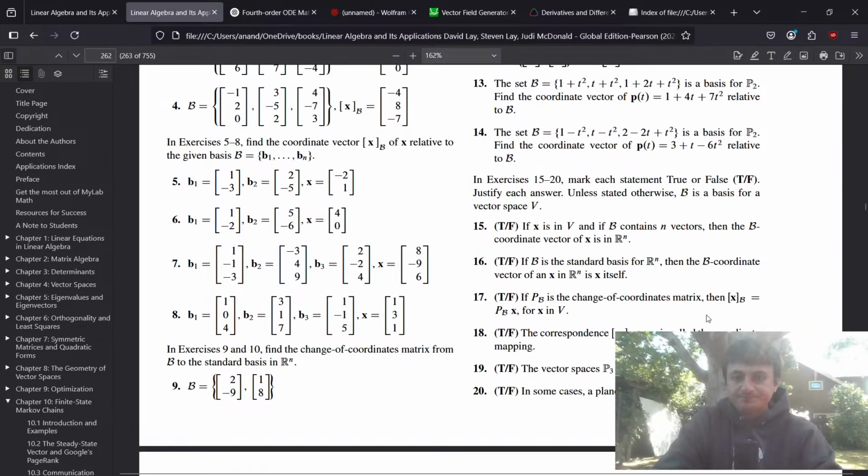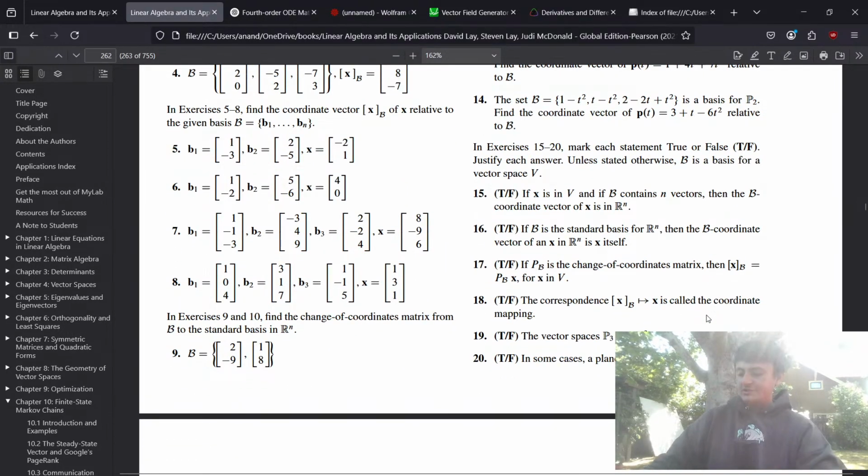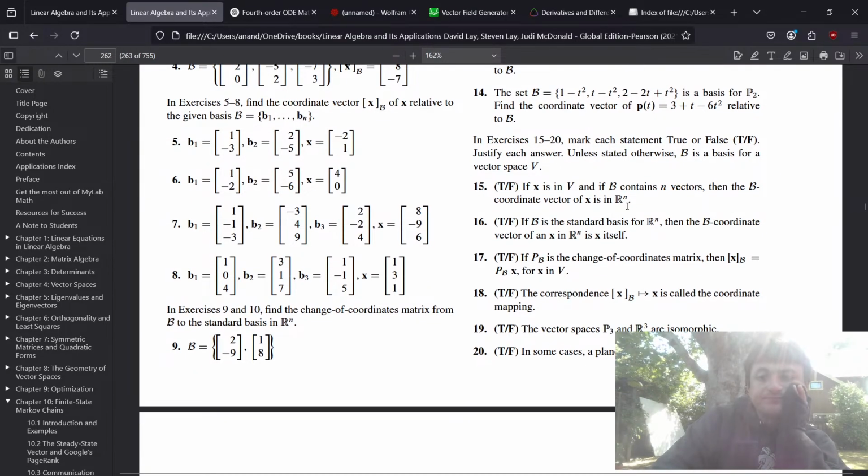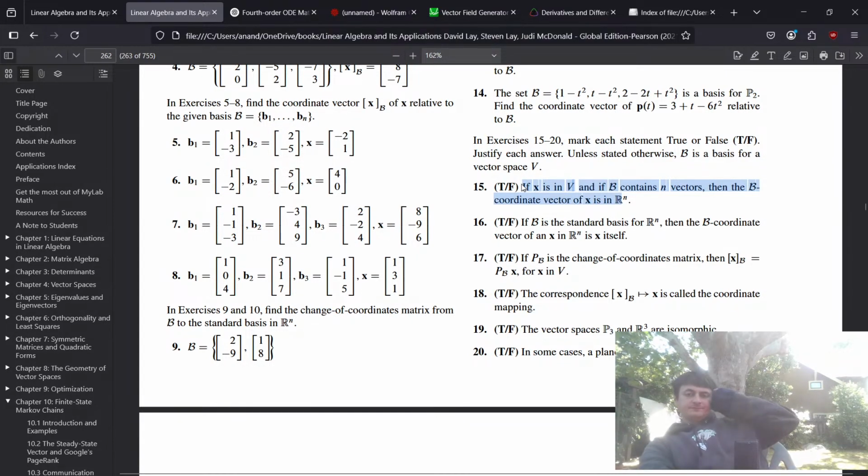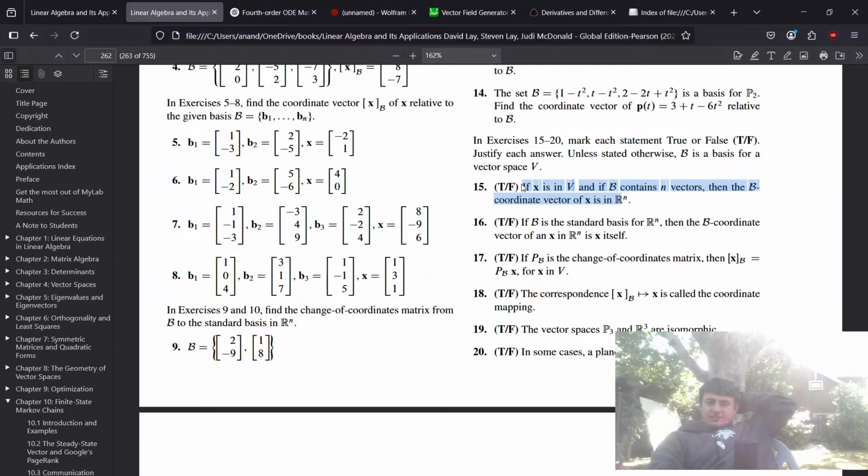Okay, 15. All right, true falses. If X is in V and B contains n vectors, okay, so unless otherwise stated, B is a basis. Then the B coordinate vector, that is true.